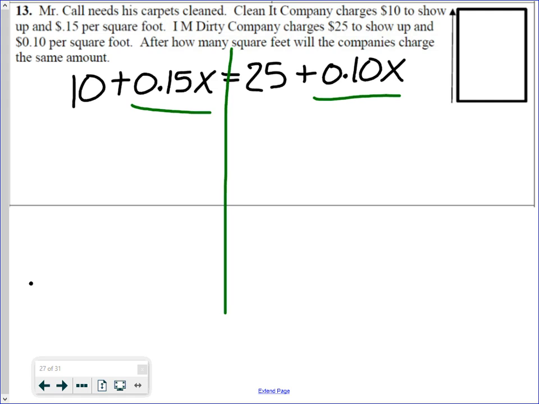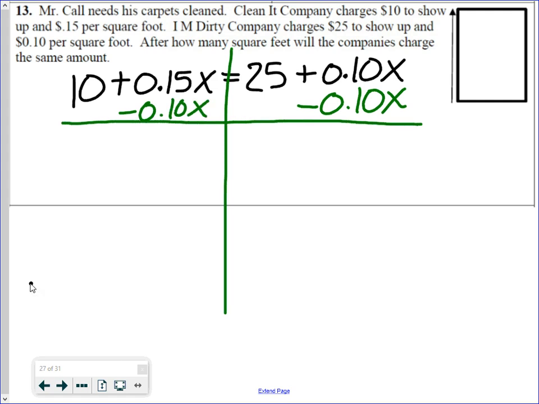Like the 10 cents is cheaper than the 15 cents. So we're going to move that one. To move a positive 10 cents over, we're going to have to minus, because it's positive, we do the opposite, right? Minus 10 cents from both sides. Minus 0.10x from both sides.